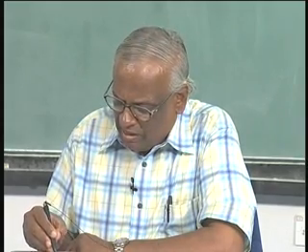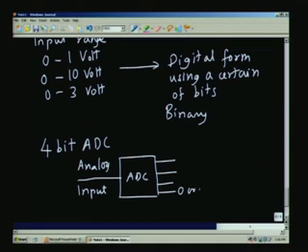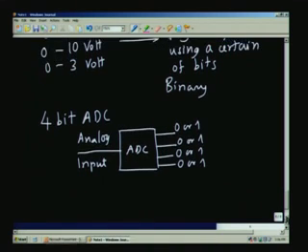Each one of these can be either 0 or 1. Of course, these can come in serial fashion or parallel as I have shown here, just for the sake of clarity.